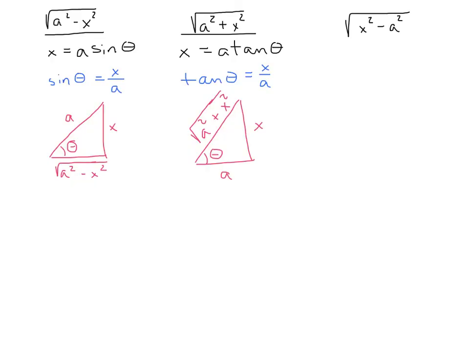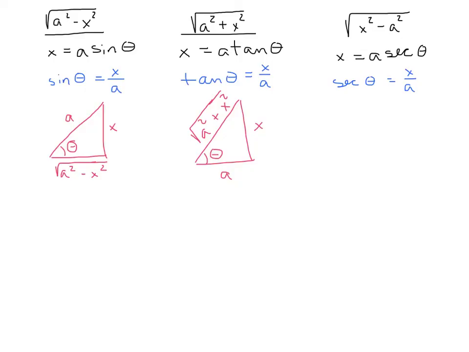And this last one, a lot of times a good choice can be x equals a secant of theta. And for that one, the secant of theta is then equal to x over a.